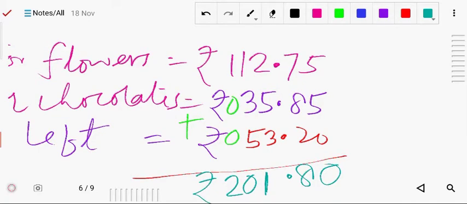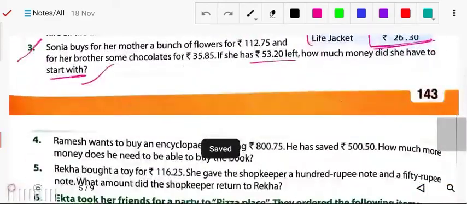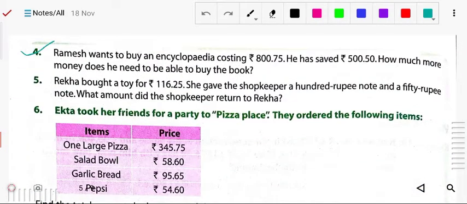Now let's see the next question, number 4. Ramesh wants to buy an encyclopedia costing rupees 800.75. He saved rupees 500.50. How much more money does he need to be able to buy the book?